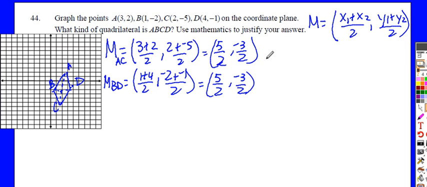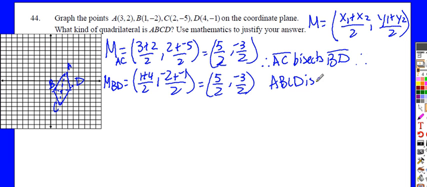Since these have the same midpoint, AC bisects BD and vice versa. So therefore, ABCD is a parallelogram.